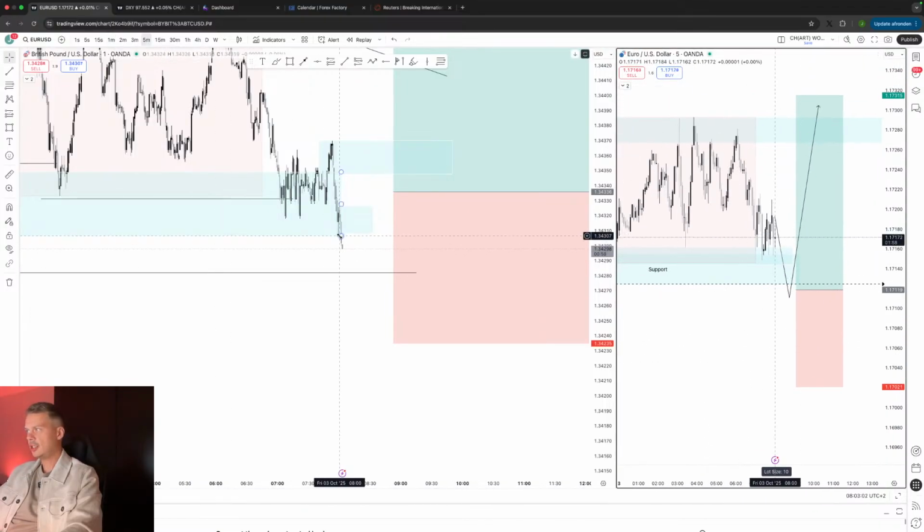Need to be aware that this is pushing down, but I want to see EU sweeping as well. That would be a double confirmation for me.